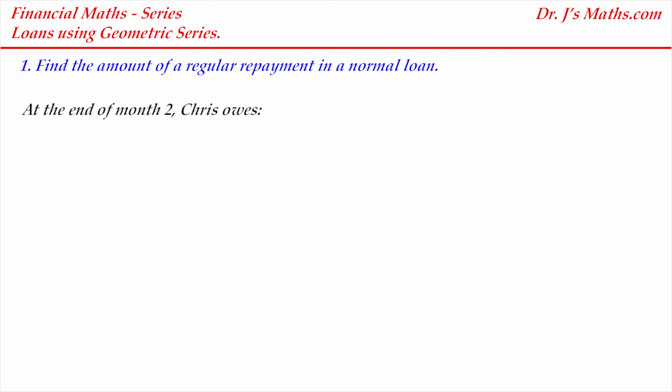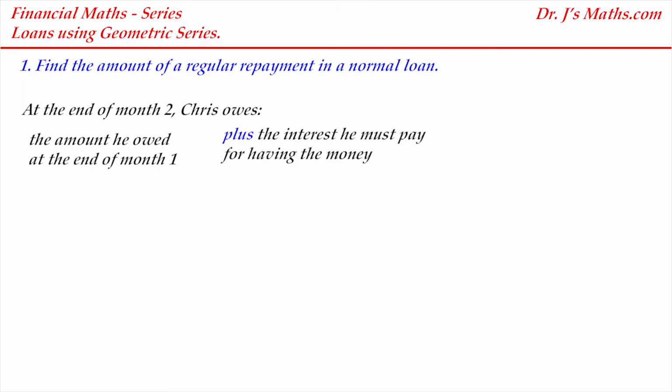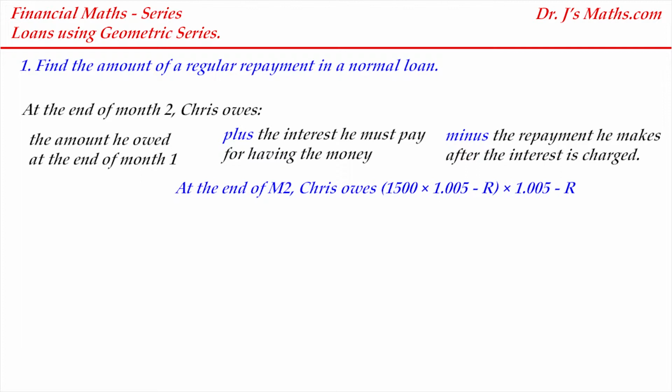At the end of month 2, Chris owes the amount he owed at the end of month 1, plus the interest he must pay for having had the money during month 2, minus the repayment he makes after the interest is charged at the end of month 2. So we can write that as the amount he owed, which was $1,500 times 1.005 minus R, and then times the interest, 1.005, minus his second repayment.